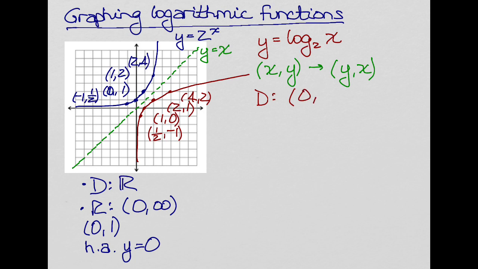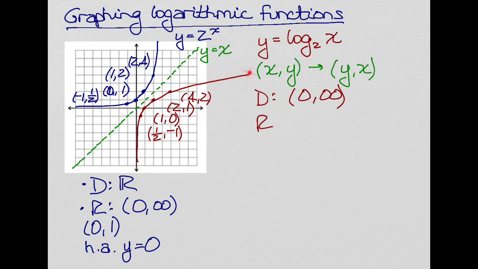I can't put a negative value into a logarithm and get out anything that makes sense. The range, I can get any y value that I want. This asymptote here, I can go to negative infinity really quick.